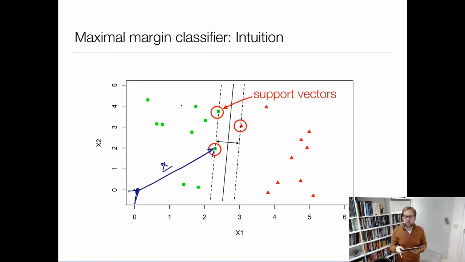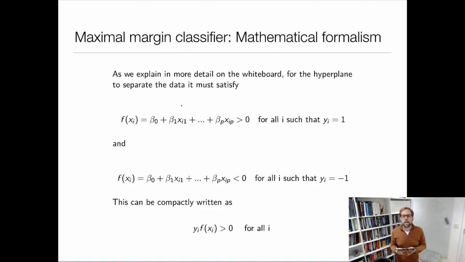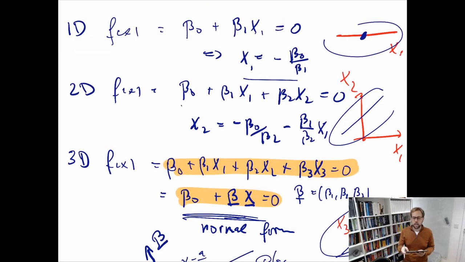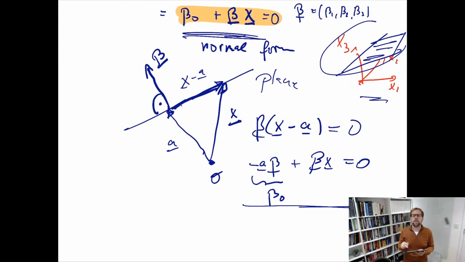So this is just the picture of what it means, or how can we write it down mathematically. And it's interesting to see that we already described the equation for a plane. If we go back a bit to what we discussed earlier, this thing here is the equation for a plane.